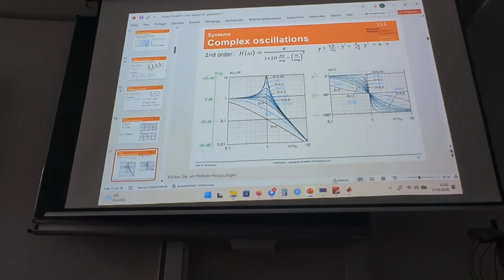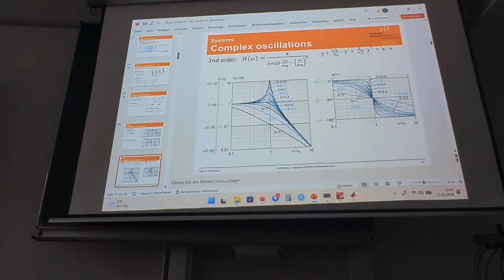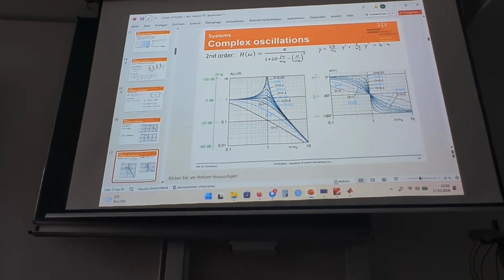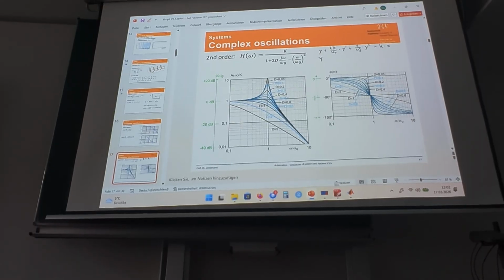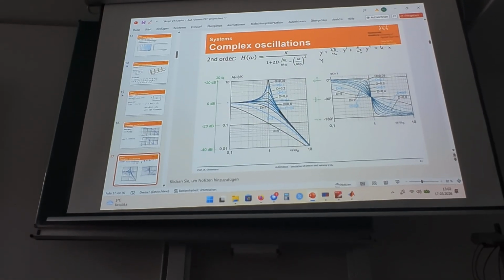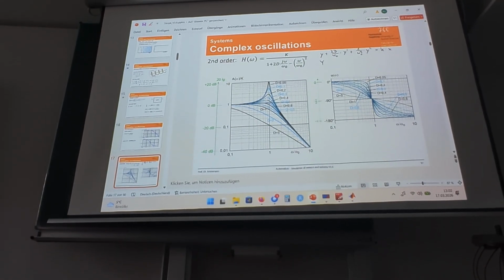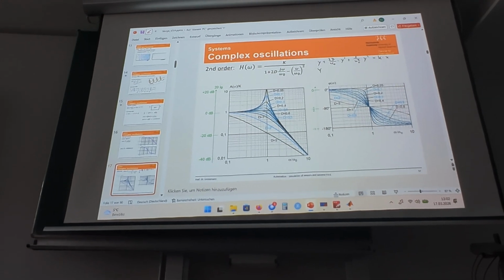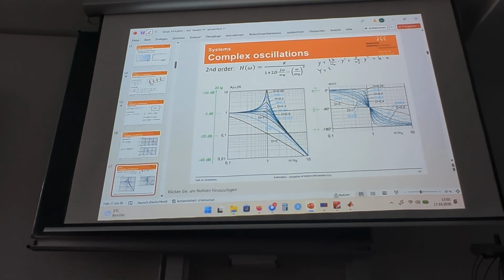Using only complex oscillations, we can say here, okay, let's write a capital Y, that means it's the amplitude of the output. And we have then 2d divided by omega 0 times, okay, first derivative means just j omega multiplied with the amplitude.